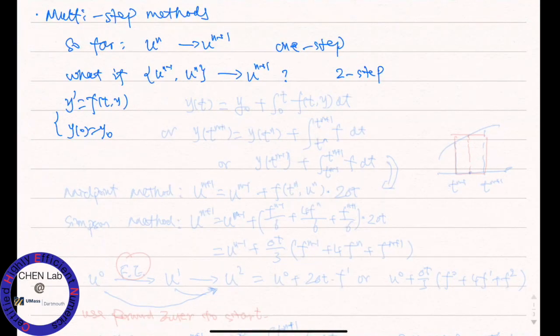In general you have your y(t) equal to y0 plus the integral from 0 to t of y prime, which is your f(t, y) dt, integrated with time.